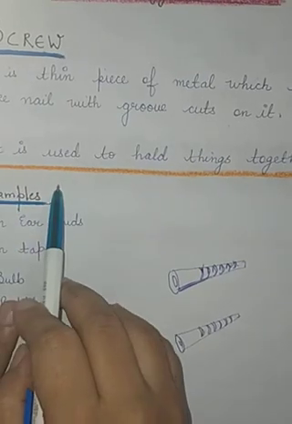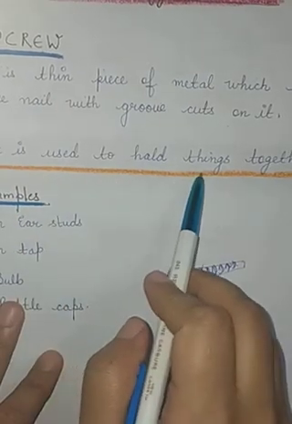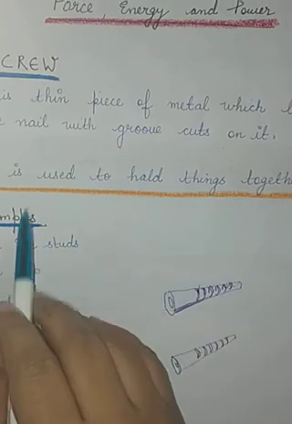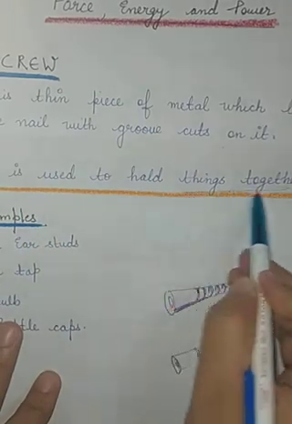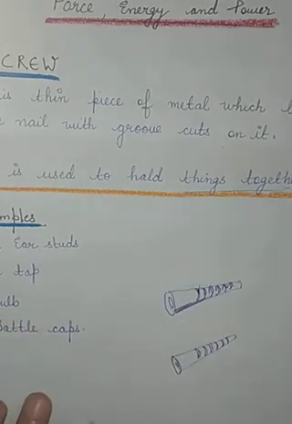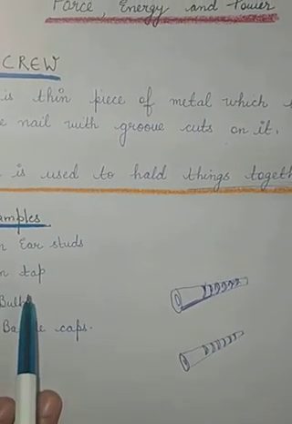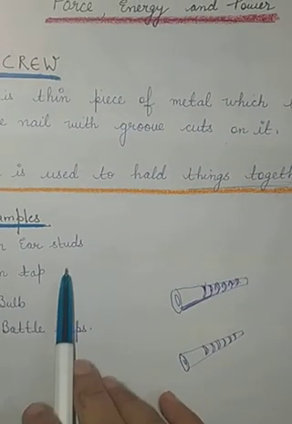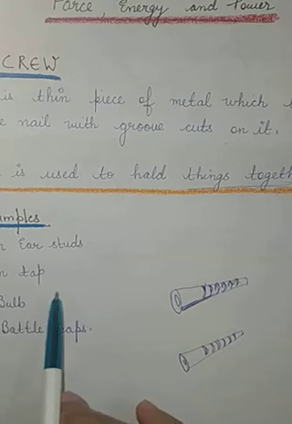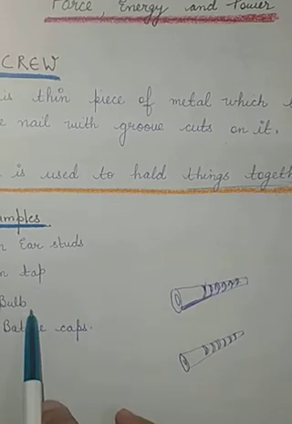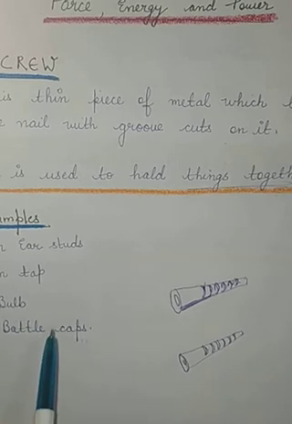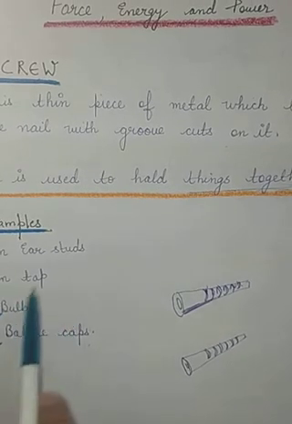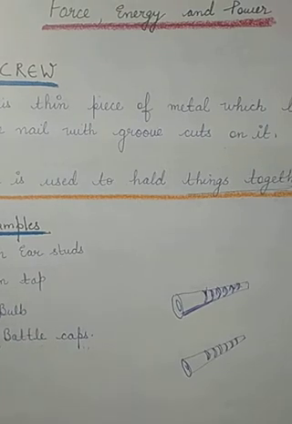It is used to hold things together, which means it binds things together. There are many examples of screws, like ear studs, taps, bulbs, and bottle caps. I will show you some pictures of these examples.